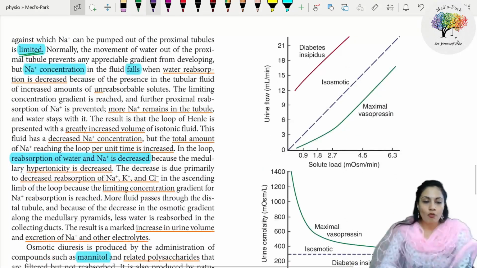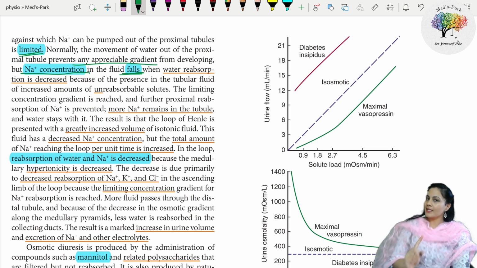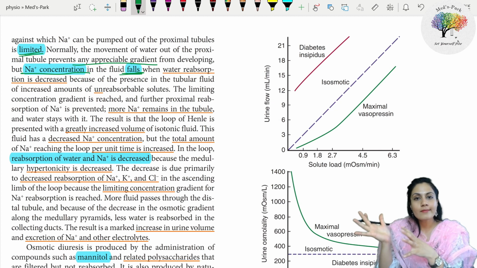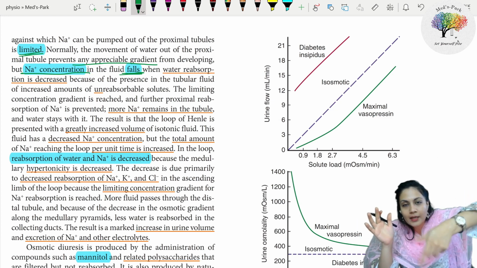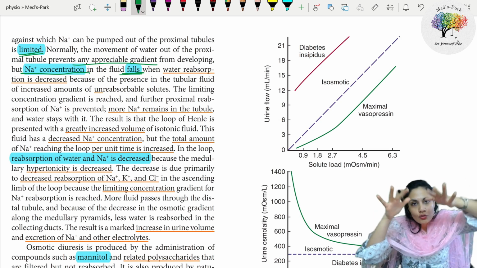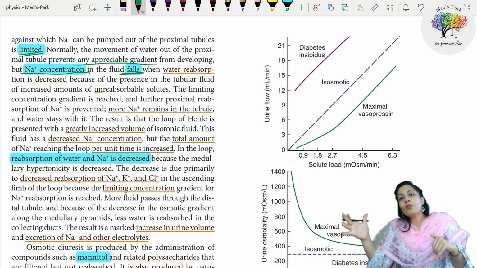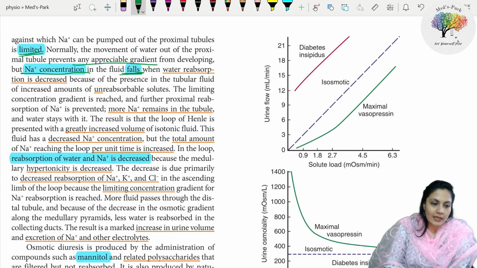Normally the movement of water out of the proximal tubule prevents any appreciable gradient from developing, but sodium concentration in the fluid falls. Now understand, we are saying that less water is getting reabsorbed. If less water is getting reabsorbed, obviously the sodium is going to get diluted again in that water. So the sodium concentration is falling, right? So whatever gradient was available for the sodium is also decreasing, right?